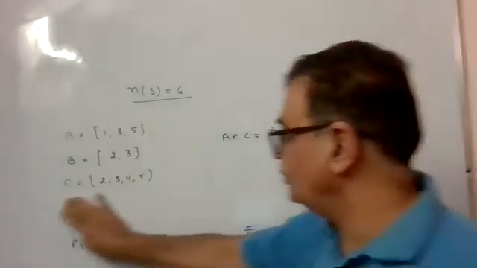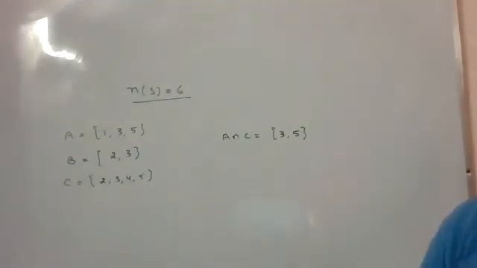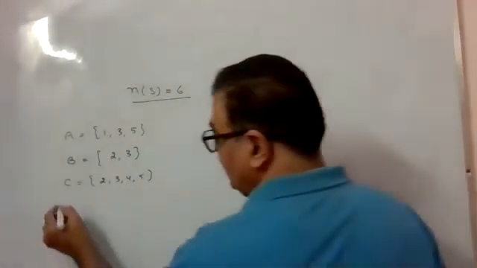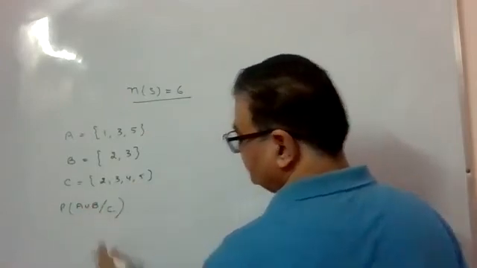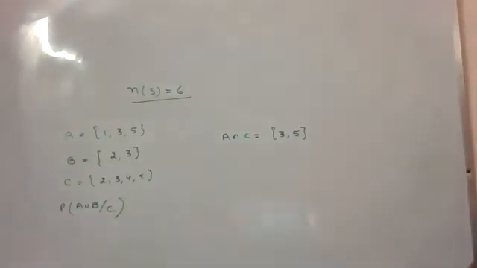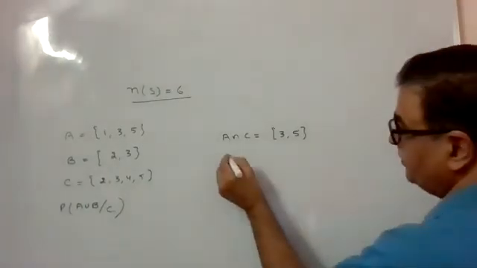इसी में एक और क्वेश्चन नोट करो. P(A union B) by C. P(A union B) by C. Calculate this. तो अब इसमें क्या चाहिएगा? A union B भी चाहिएगा.